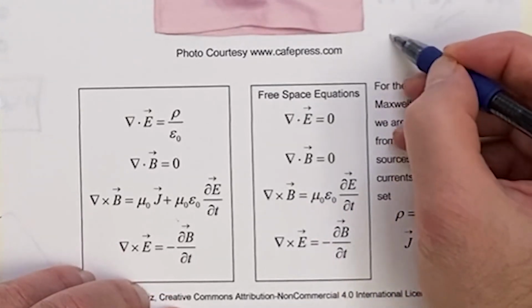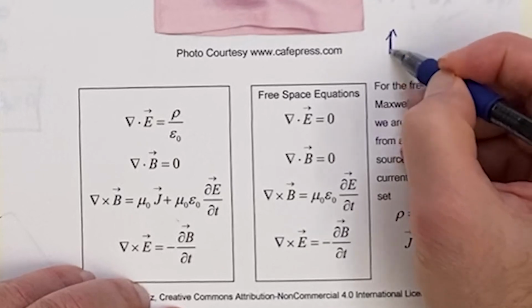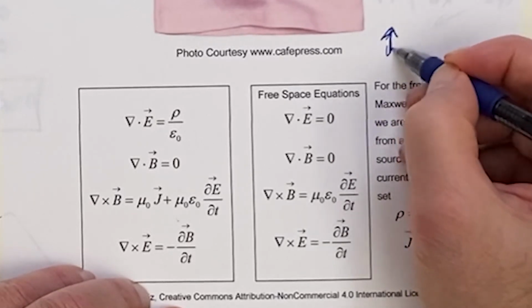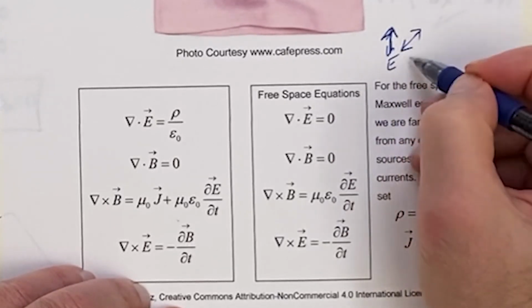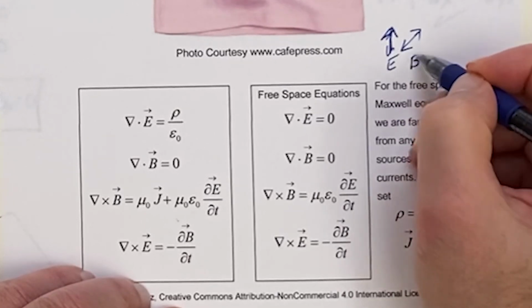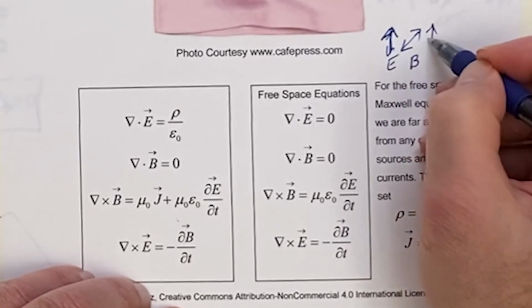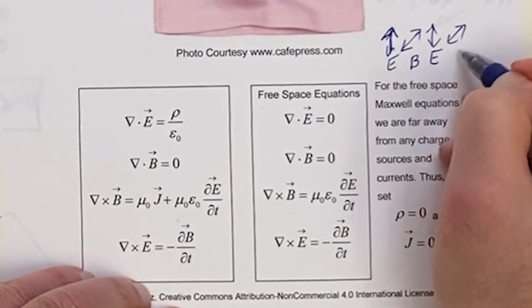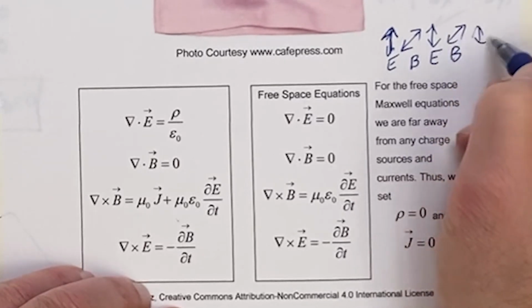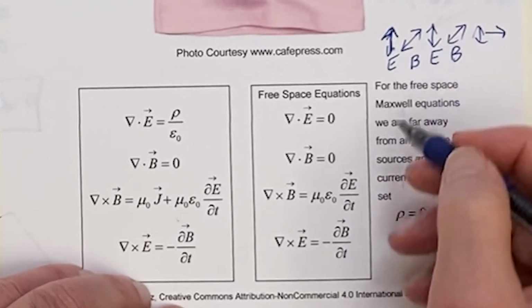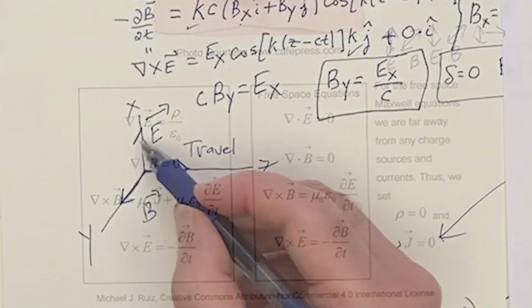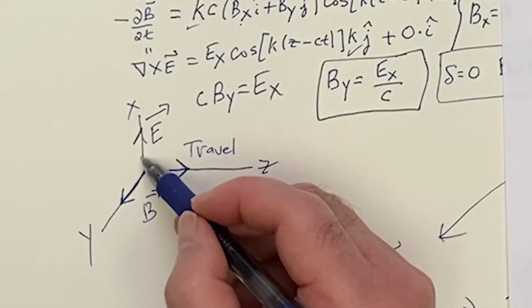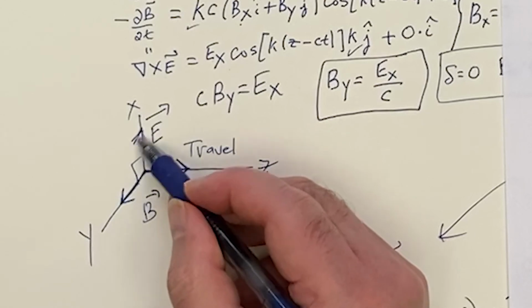In other words, if you have the electric field changing this way, it creates a perpendicular magnetic field, which then creates an electric field, and a magnetic field, and an electric field. You propagate this way at the speed of light. And that helps us understand this transverse nature, this perpendicular nature.